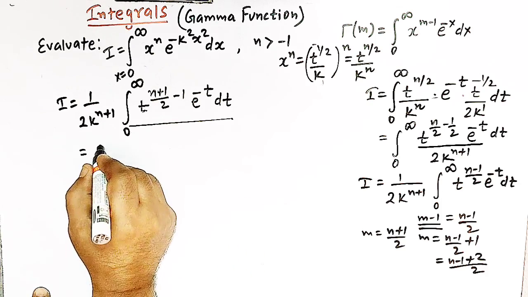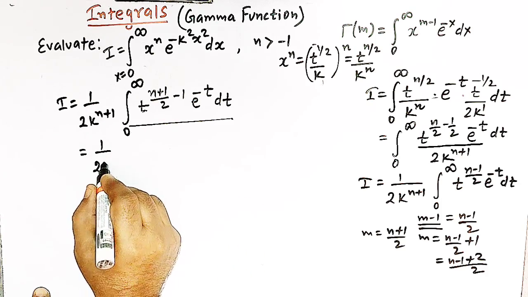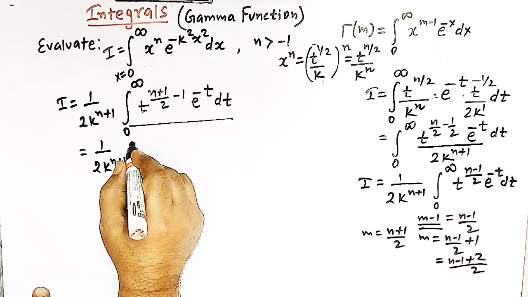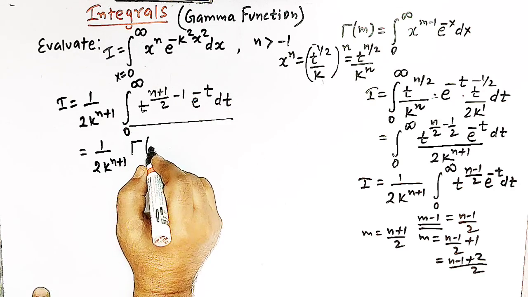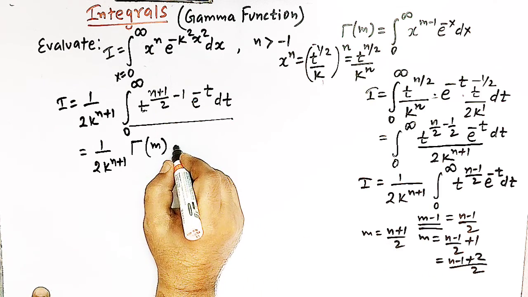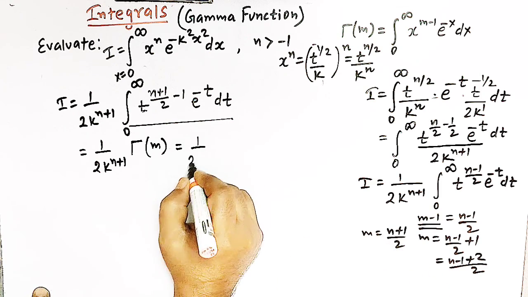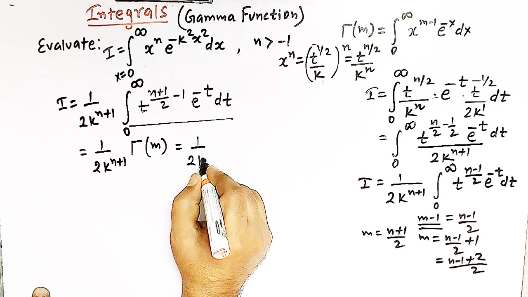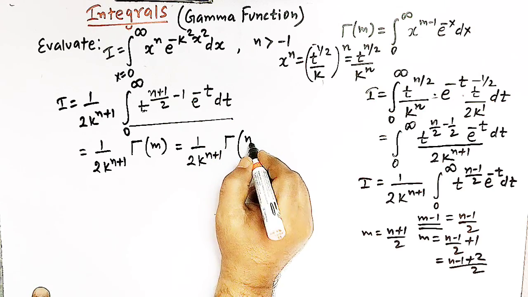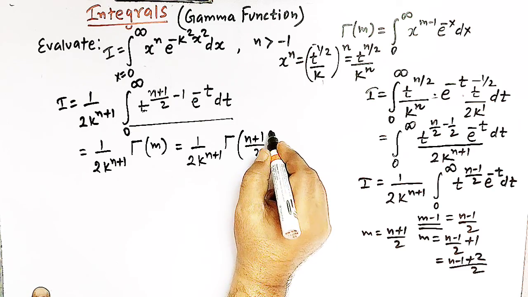So now we can write 1 over 2 times k raised to n plus 1, and this integral is equal to gamma m, where m is (n plus 1) over 2. So we have 1 over 2 times k raised to n plus 1 and gamma of (n plus 1) over 2.